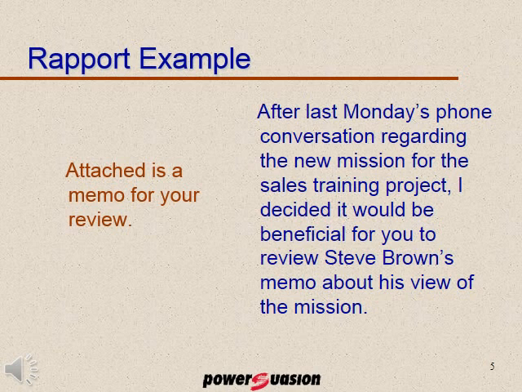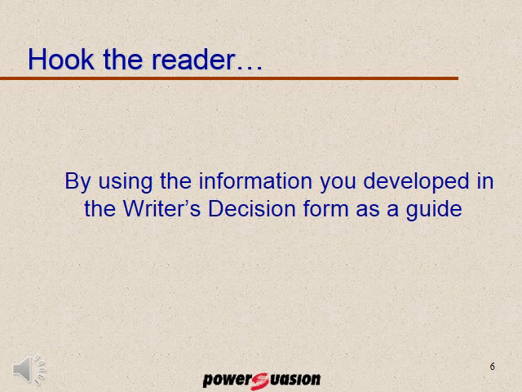That's the whole point of rapport, is to have some clarity. We can develop even more sophisticated hooks for various audiences or readers that we have. And we do this by using the information we developed in the writer's decision form, using that as a guide.